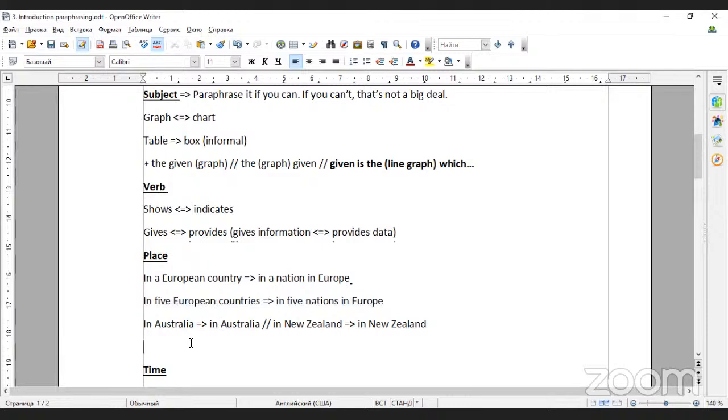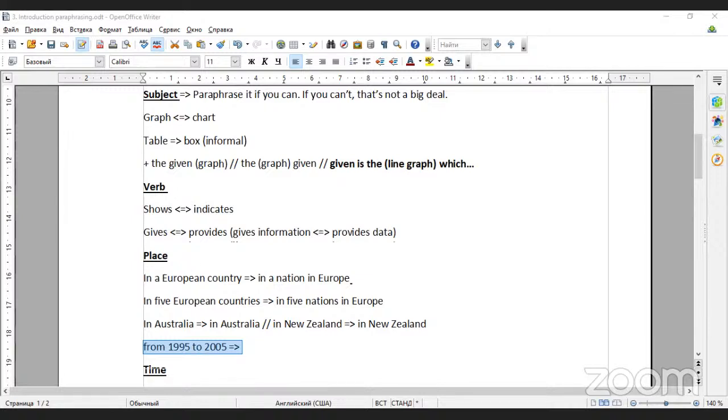And now time. Let's have a look at an example. If it's dynamic data, very often you will have something like from 1995 to 2005. Can you suggest some ways how you can paraphrase this time phrase? If you have, for example, the graph below shows the consumption of chicken in Australia from 1995 to 2005, how are you going to paraphrase this from 1995 to 2005?